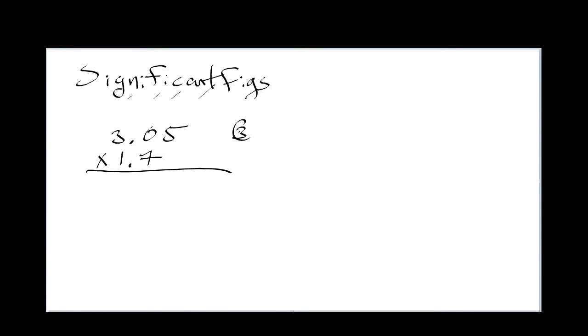Here, you do need to keep careful count of the total number of sig figs, because your answer is going to have as many as the least precise number. So your answer here is going to end up having 2 sig figs. 3 versus 2, it has 2. So then you just do your math as normal.